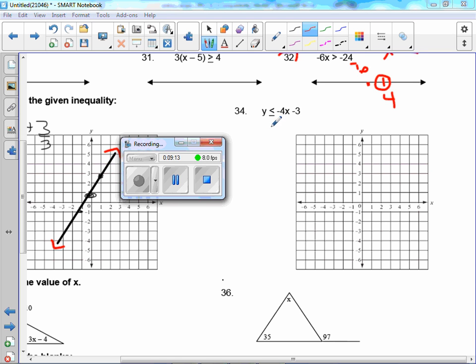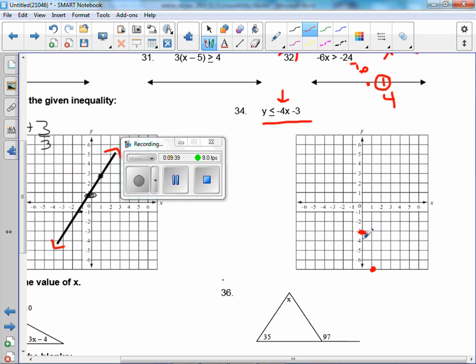Number 34. It's already in y equals, so we can just go ahead and graph that. So we go down to -3, 1, 2, 3, and mark that. And our slope is -4. So if we go down 4, 1, 2, 3, 4, you've got to go over in a positive direction because it is a negative slope.